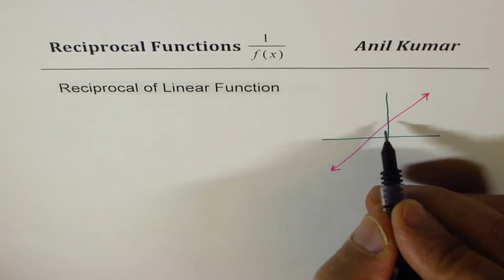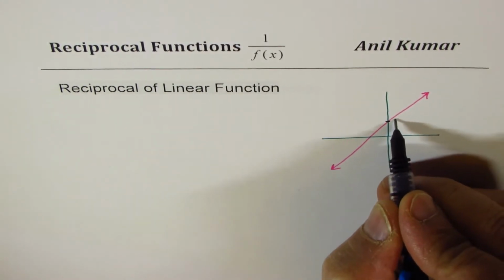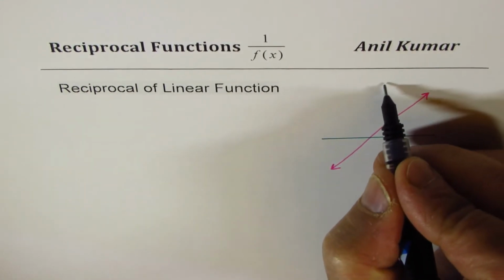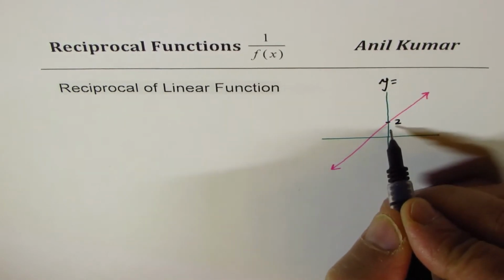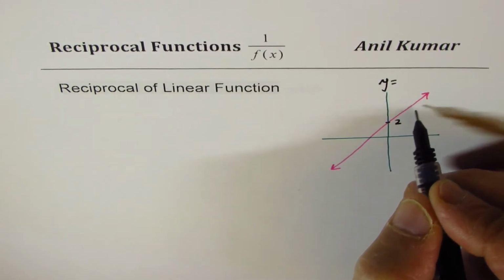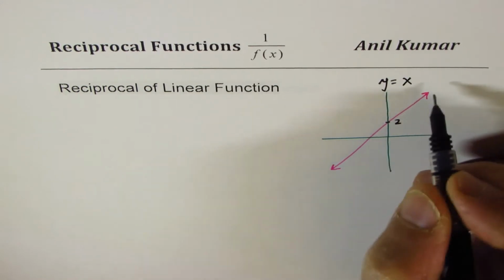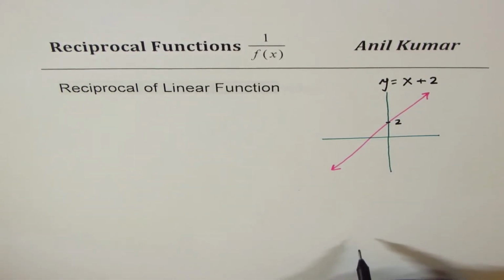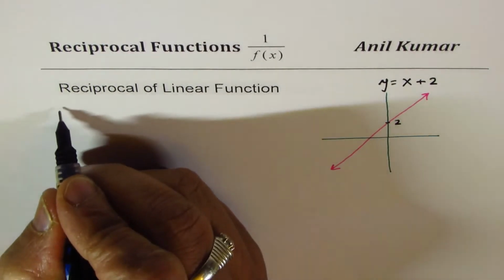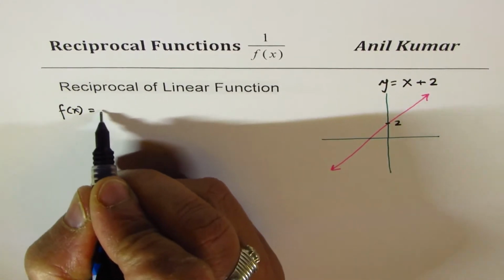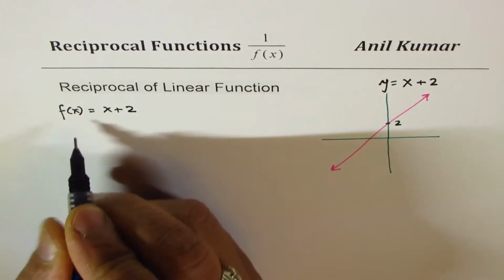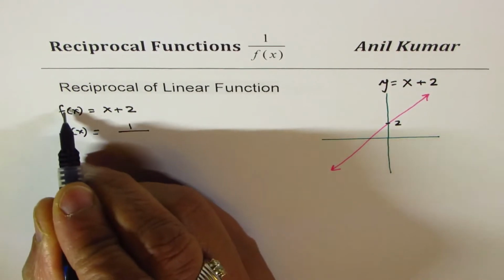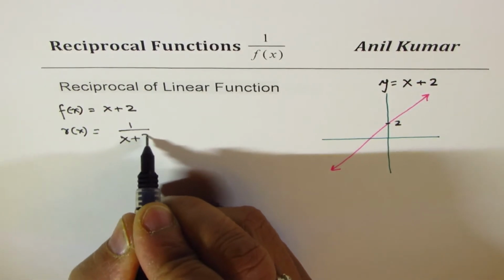If the y-intercept here is 2, and let us say the equation of this function is y equals, let's say slope is x, and y-intercept is 2. We could write this as x plus 2, right? So what we have here is a function f of x equals x plus 2. So the reciprocal function, let me write r of x, will be 1 over x plus 2.